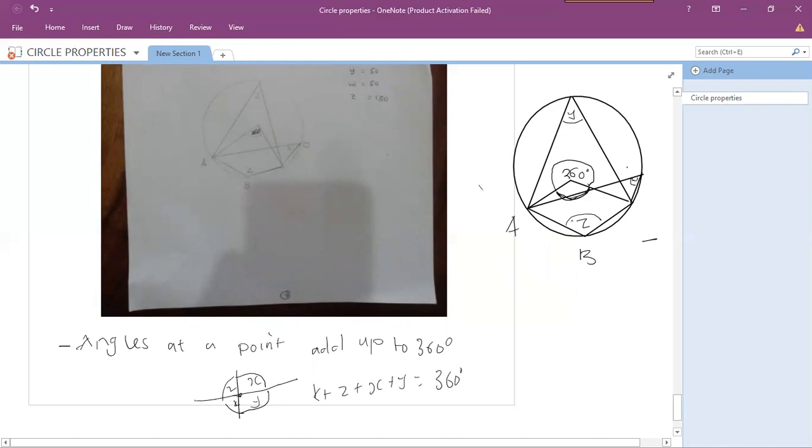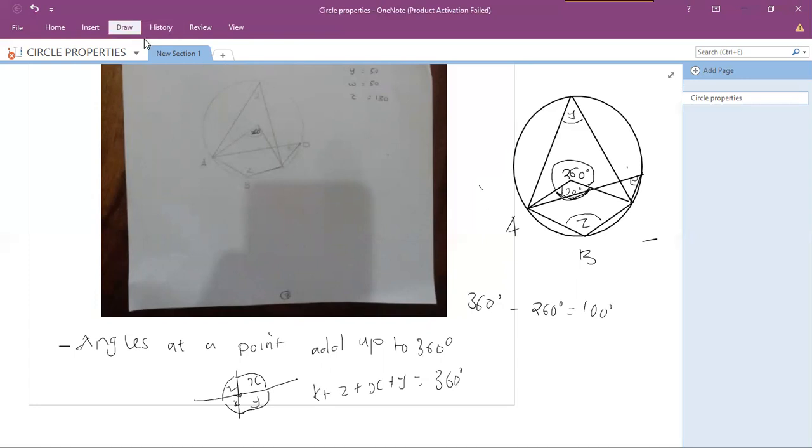They are angles at a point. So if I want to find this angle here, I just subtract from 360. So 360 degrees minus 260 degrees. What are we getting there? So 360 degrees minus 260 degrees, 100. So we're getting 100 degrees, meaning this angle here is 100 degrees.